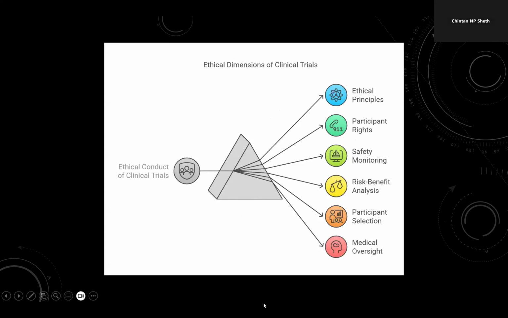Now, the first principle of GCP E6 R3 says that clinical trials should be conducted in accordance with the ethical principles that have their origin in the Declaration of Helsinki and that they are consistent with the GCP principles and applicable regulatory requirements.